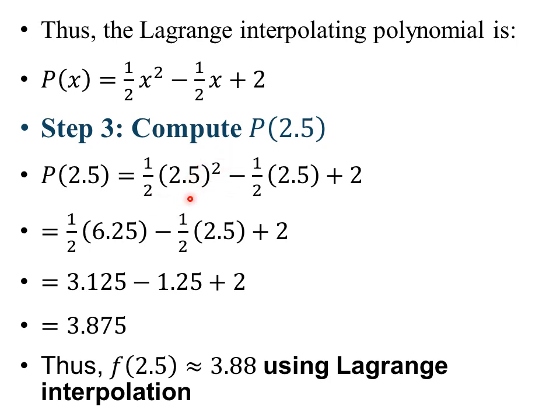It means 2.5 multiplied by 2.5 plus 2 times minus 1 upon 2 times 2.5 plus 2. Now we divide by 2 and divide by 2 to get this number. Then we simplify. The final answer is 3.875. Thus f(2.5) is approximately 3.88 using Lagrange interpolation.